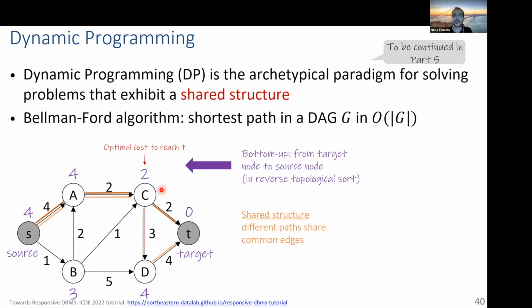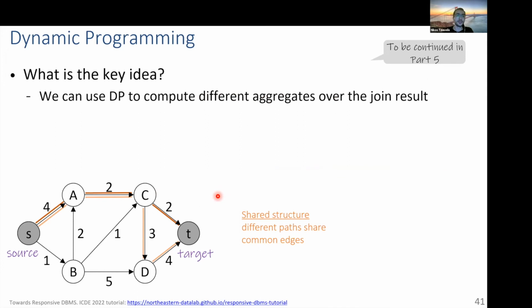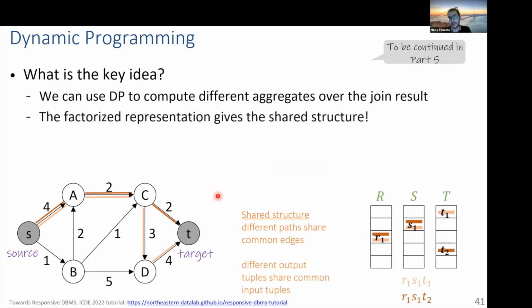The reason that this works is that the problem here has a shared structure. Different paths share common edges in the graph, and that's why dynamic programming can be efficient here. But the reason that dynamic programming is also relevant for queries, specifically for computing aggregates, is that the queries also have a shared structure.